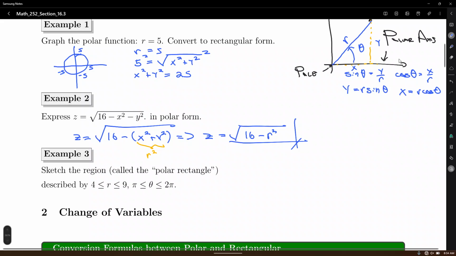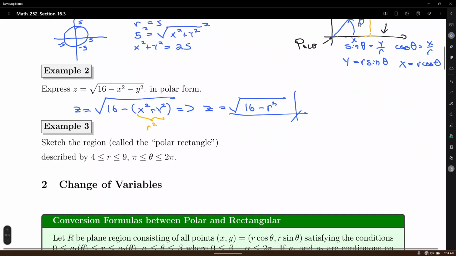Okay, so let's sketch the region that's usually called a polar rectangle. What's that? It's described by these inequalities right here. The most proper way to express this is by having r, theta such that r varies between 4 and 9, and theta varies between pi and 2 pi.